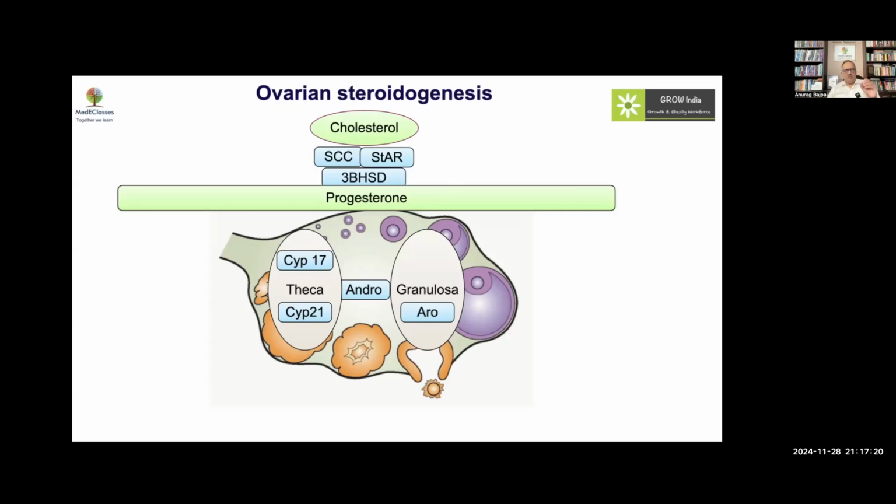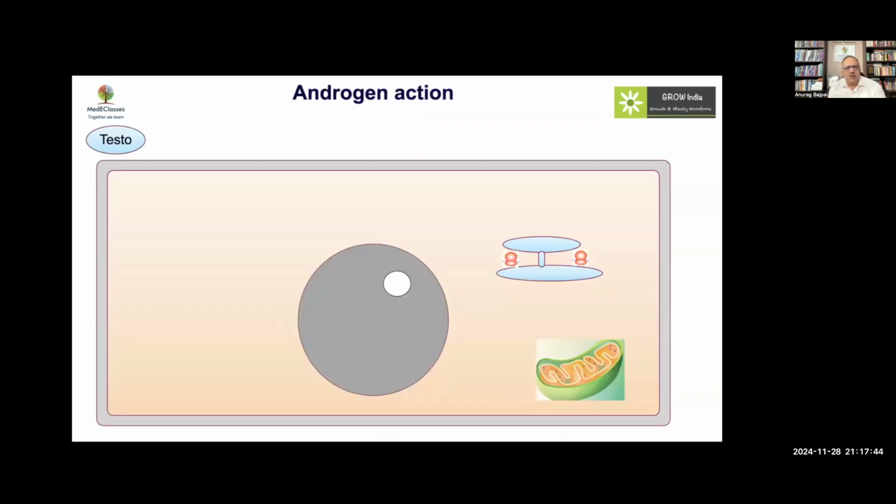Out of these, the ones which can present to us with a problem in terms of XX-DSD would of course be disorders in which adrenals are producing more amount of androgens. The classical examples of that would be 21-hydroxylase and 3-beta HSD, and aromatase deficiency in which whatever androgen is being produced is not getting converted into estrogen. So these are the disorders you need to be aware about.